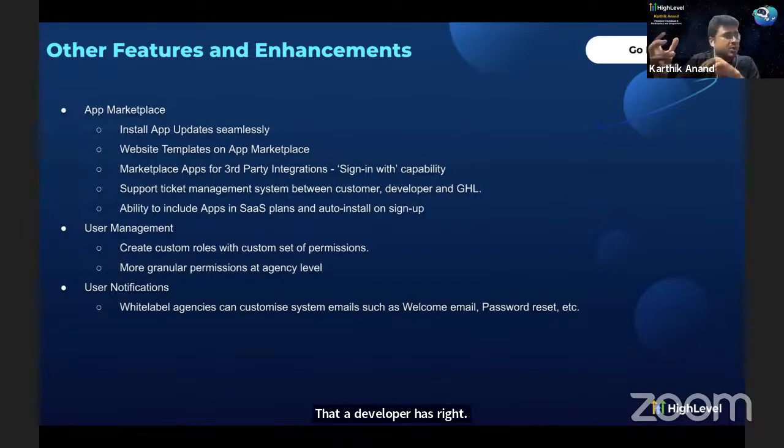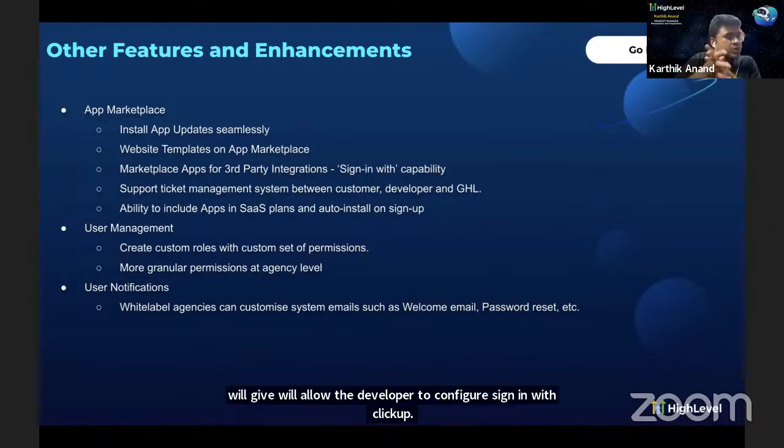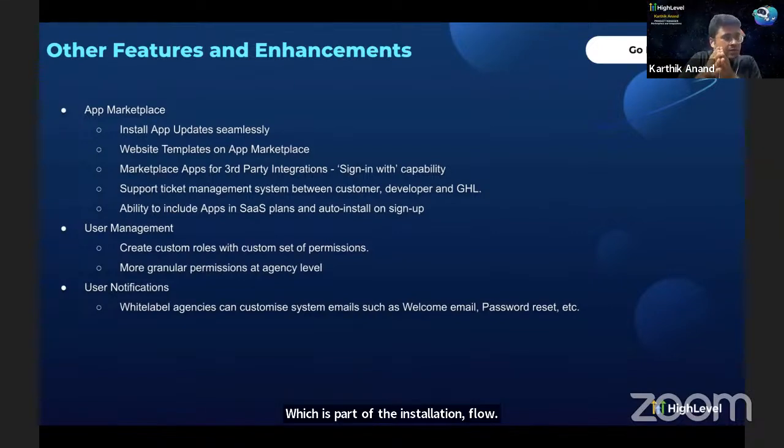We'll allow the developer to configure sign-in with ClickUp, which is part of the installation flow. So today, you as a user have to share your API key or credentials, which is a security risk. We want to avoid that. We want to build OAuth here, where you will be able to go to your ClickUp page, sign in, and then the developer takes it from there.